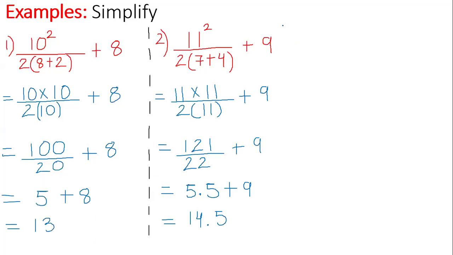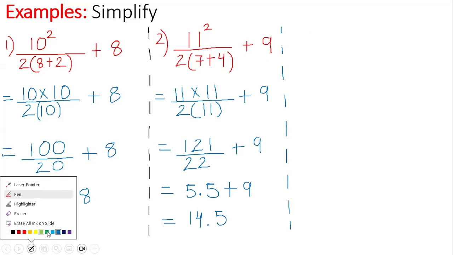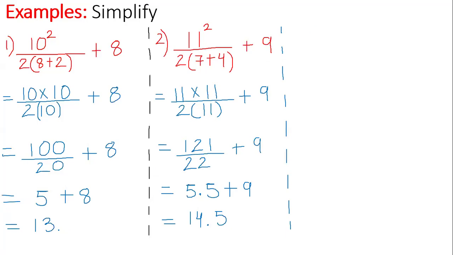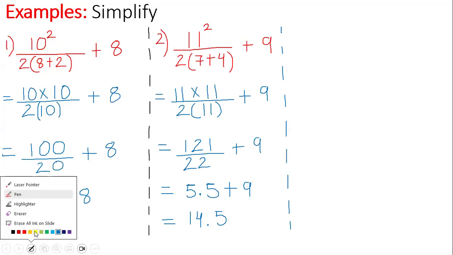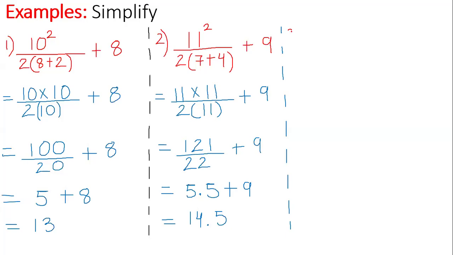This is going to be number 3. Let's say we have 12 squared all over 2, open bracket, 5 plus 7, close bracket, plus 17. Oh boy, that's not written right.